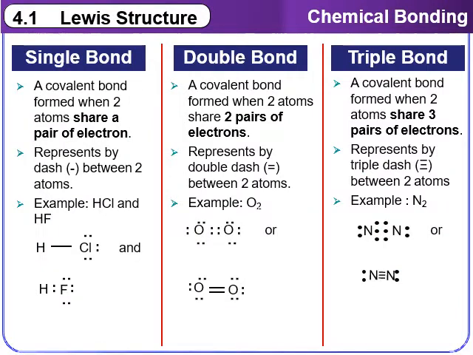As you know, a covalent compound can contain either a single bond, double bond, or triple bond. A triple bond means they share 3 pairs of electrons, a double bond 2 pairs of electrons, while a single bond shares 1 pair of electrons. And then each pair of electrons will be represented by a dashed line.